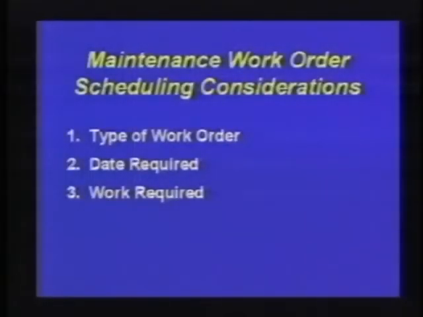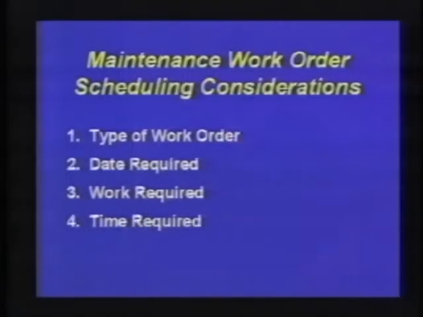The work required, again, if it's planned, would really come out of the maintenance requirement for that particular equipment or asset. If it's unplanned, we may have to investigate the condition of that particular asset and then develop the type of work required. The time required is a byproduct of work required.